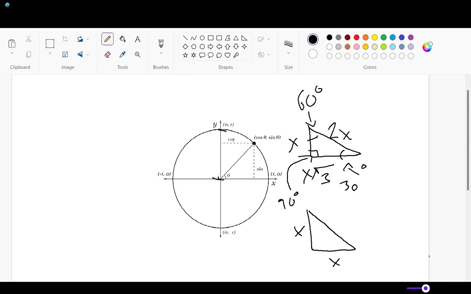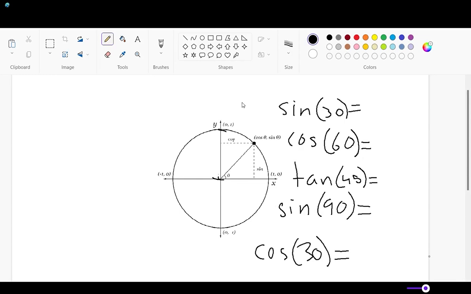For the 45-45-90 triangle, the two equal sides that are not the hypotenuse are x, and the hypotenuse would be x times root 2.